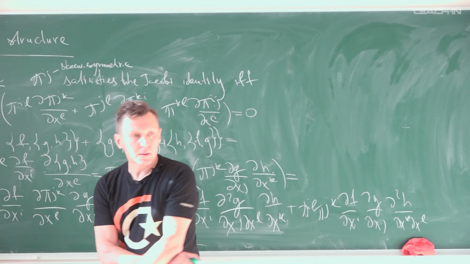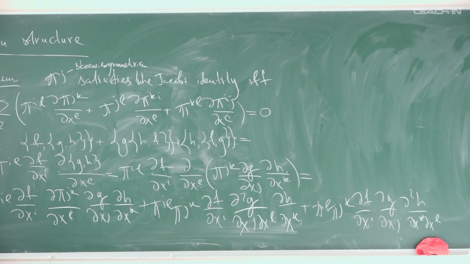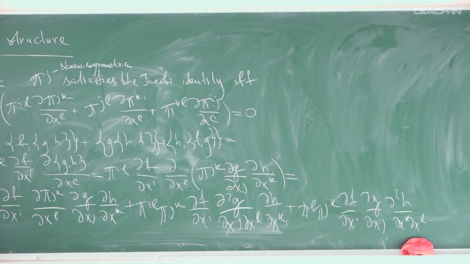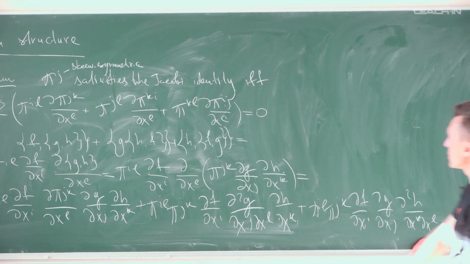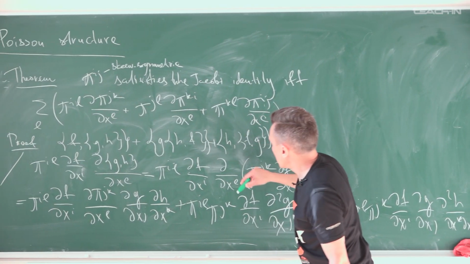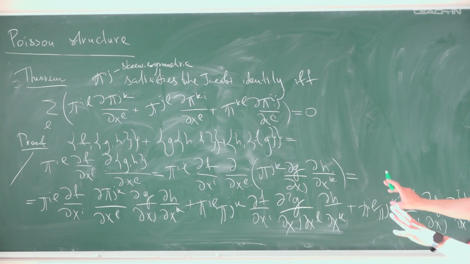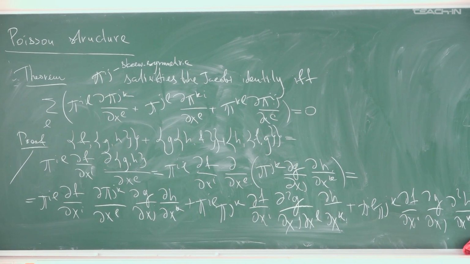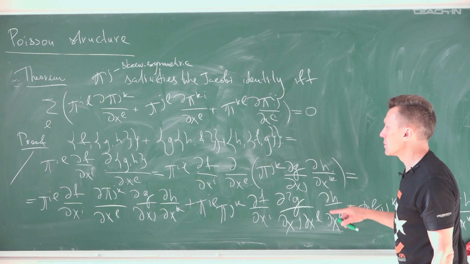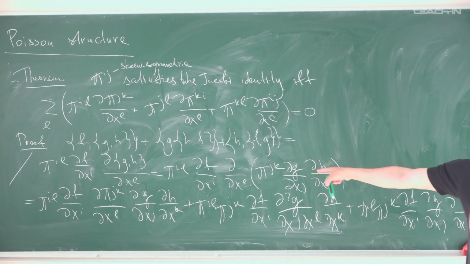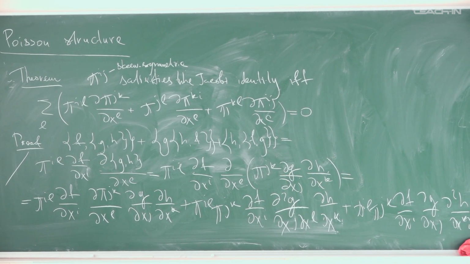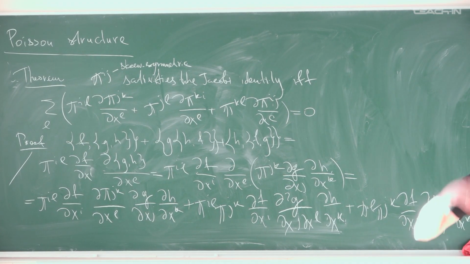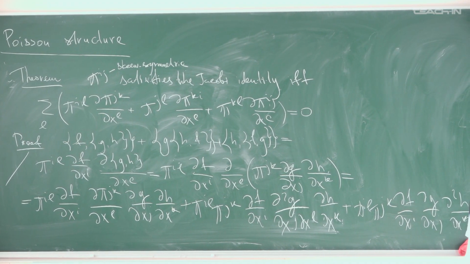Yes, there are sums over l. Other indices are summed too, and here there is the sum over j and over k. So I use the Einstein rule to sum over a pair of indices, one of which is up and the other is lower.